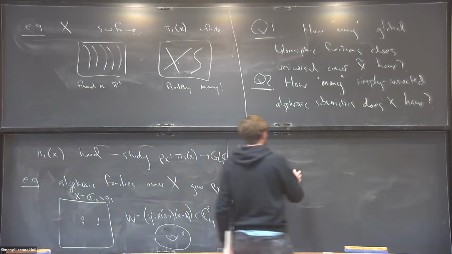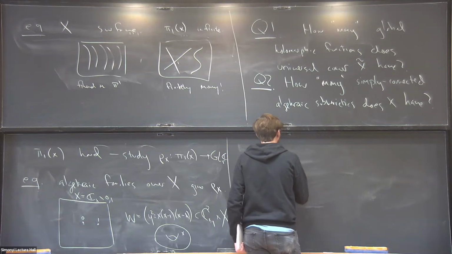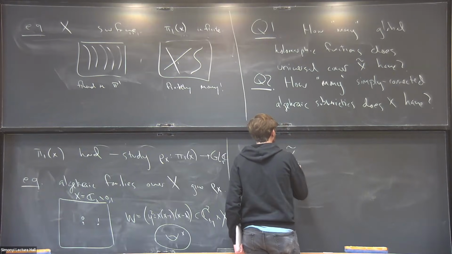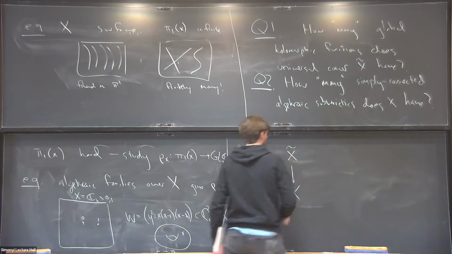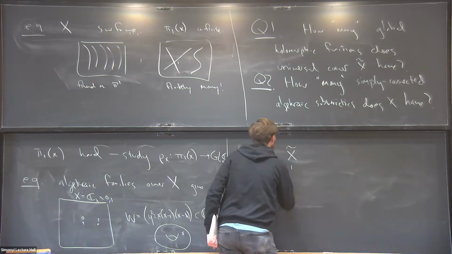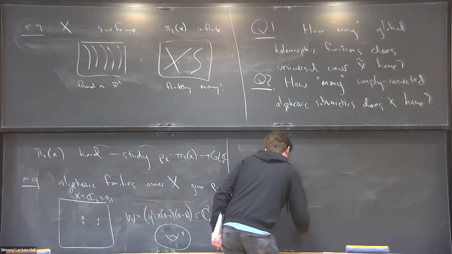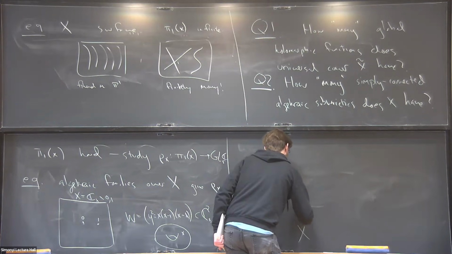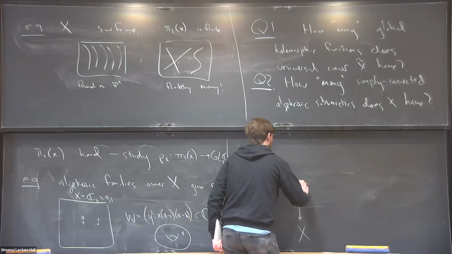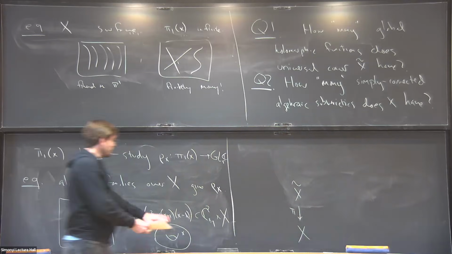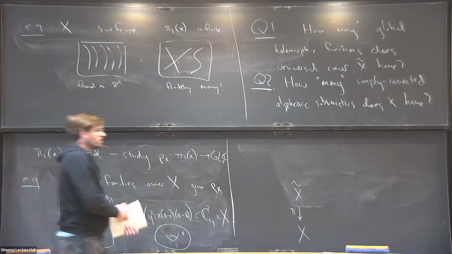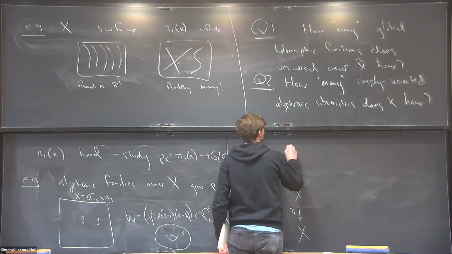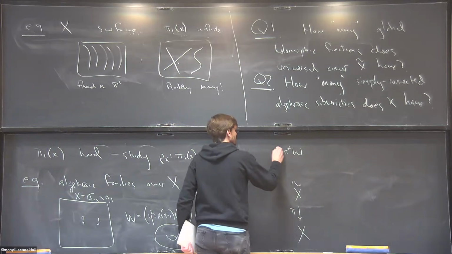So now if I consider the universal cover of X, I can pull this family back, and now over a simply connected base, I can topologically trivialize it.